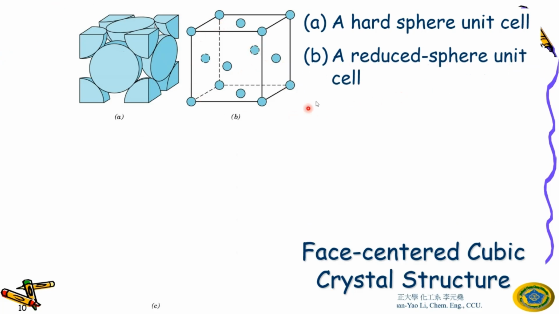This is easy for you to draw by hand, right? The other is not easy, so you can easily draw a picture like this. In your final exam, if I ask you to draw a face center cubic crystal structure using a reduced sphere unit cell, this is the answer you need to give me.